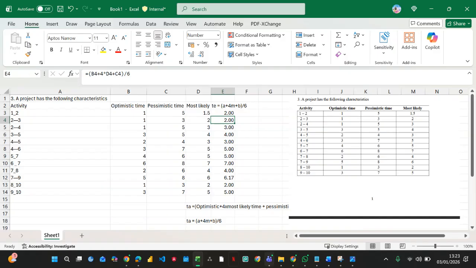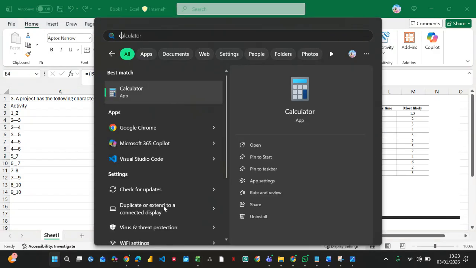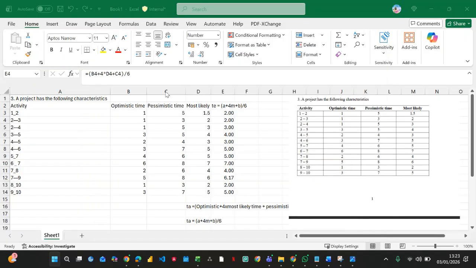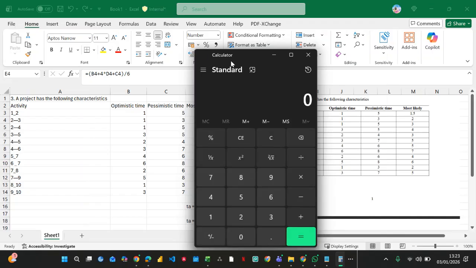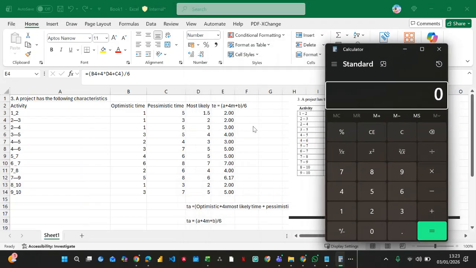Wait, Fanny, please, can we use calculator to calculate this? Only this first activity. Okay, let's do it like this. So you have a calculator, so you now say, okay, the A is one, right?